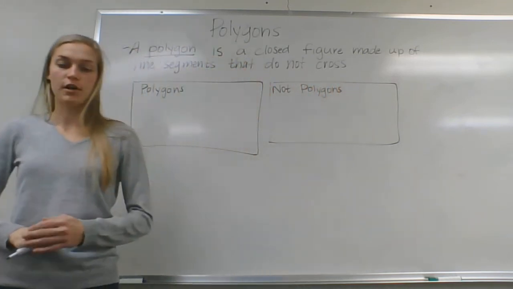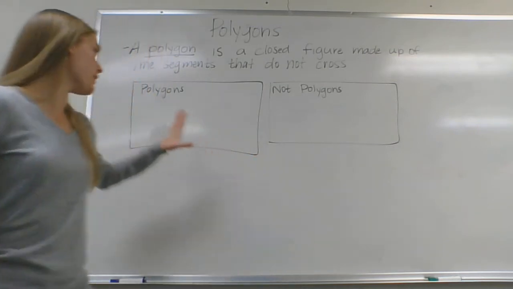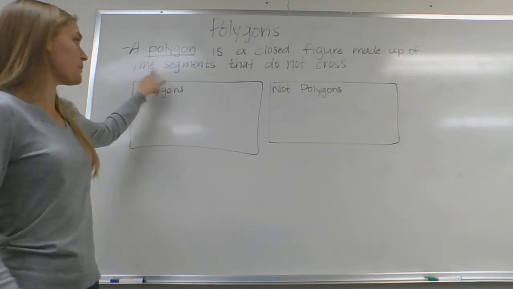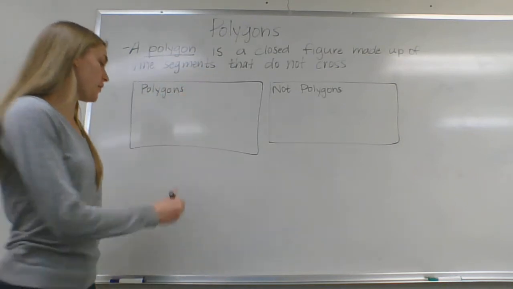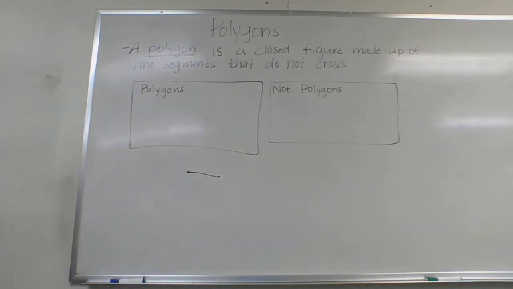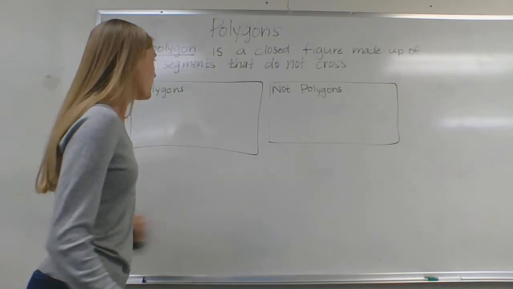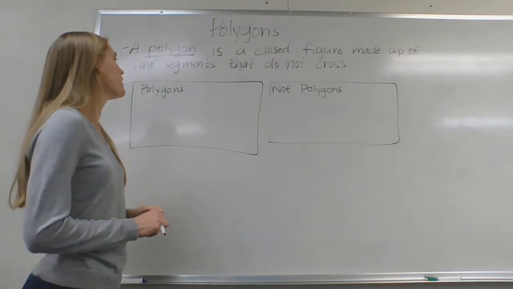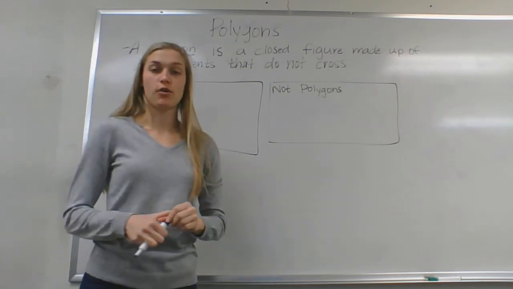Okay, so if we're going to put it in this category, it needs to have straight lines, because maybe it's line segments. That would be like this. Line segment. It has to be closed, so it can't have any openings to the shape. And these lines cannot cross each other.